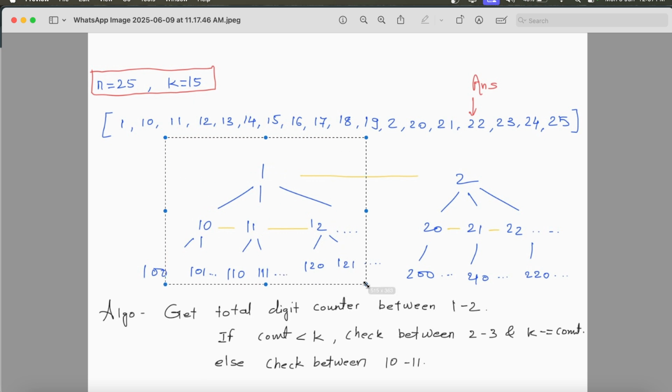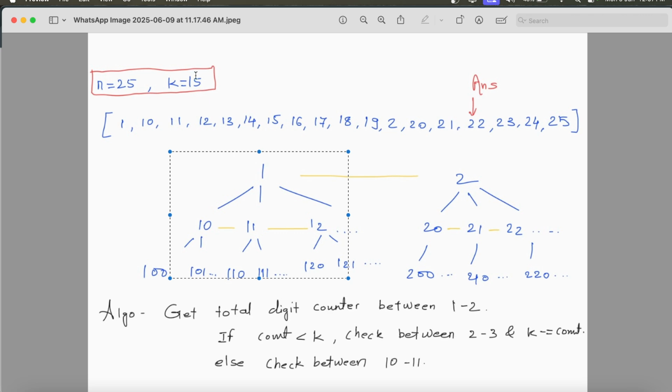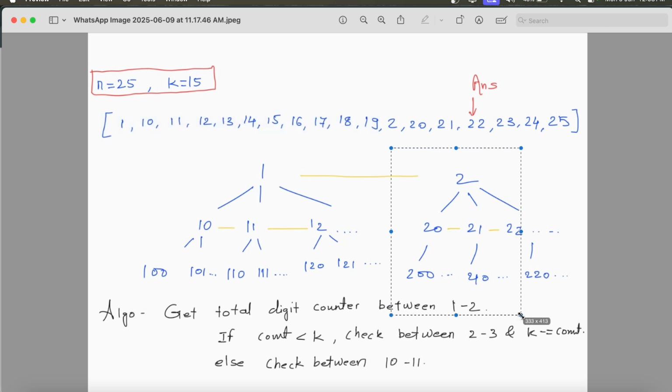So now we get this idea: what if we can get the counters of all the numbers that start with 1 as a prefix? The moment we get this counter, we simply check whether it is less than 15 or not. If it is less than 15, that means the answer is definitely not lying in this range, from 1 till 19. So we shift our focus to 2.